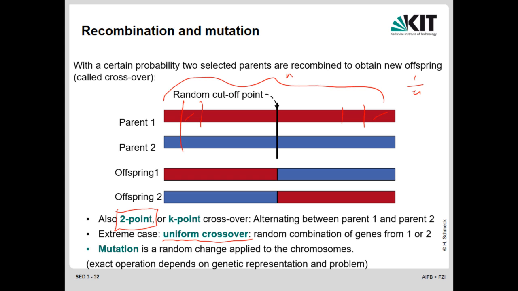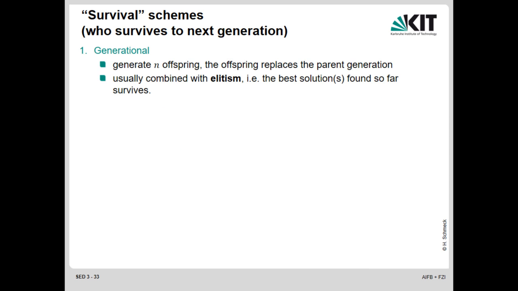Okay, that's mutation, recombination, and then we have to decide which elements actually go into the next population. And there we have the generational scheme. That means we have our population. We generate our offspring generation, and we generate exactly as many children as we had parents. And then this is our new population, the children, which means that everything that was in here is discarded.